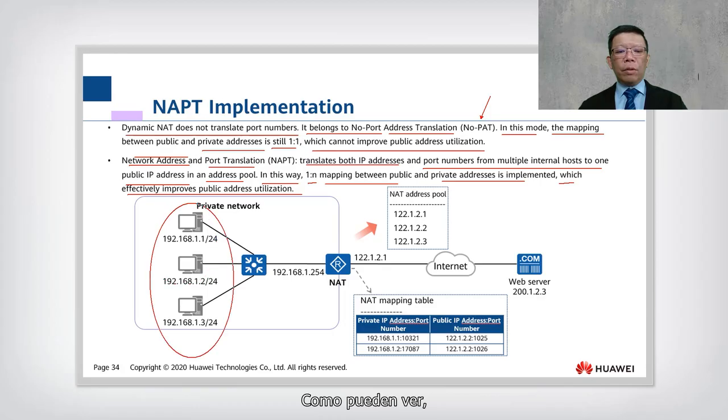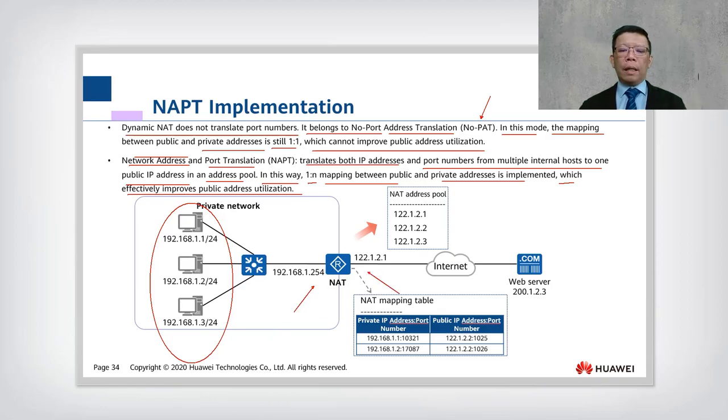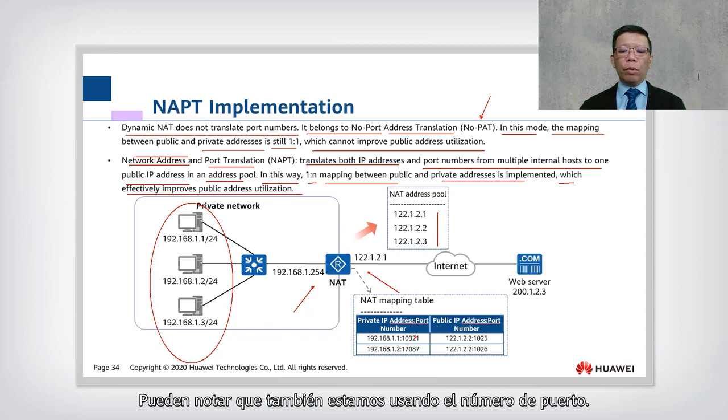As you can see, we still have the 3 machines in the previous topology, and our IP address on the internal side is still 192.168.1.254, and the public IP is still 122.1.2.1. We have an address pool here, which in this case has 2.1, 2.2 and 2.3. But instead of just using the IP, you notice that we're also using what we call the port number.